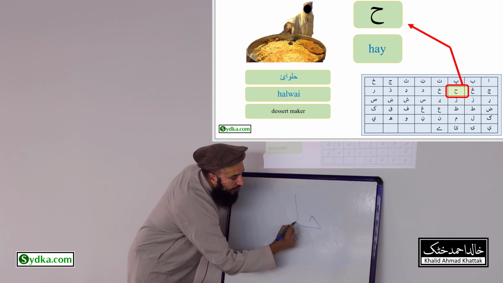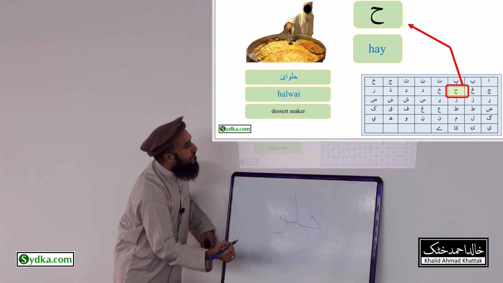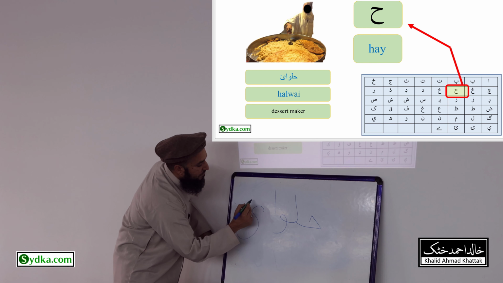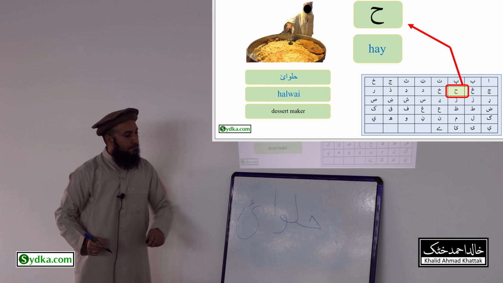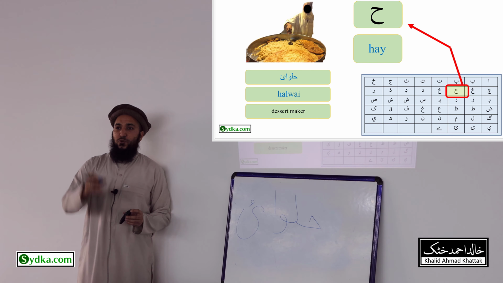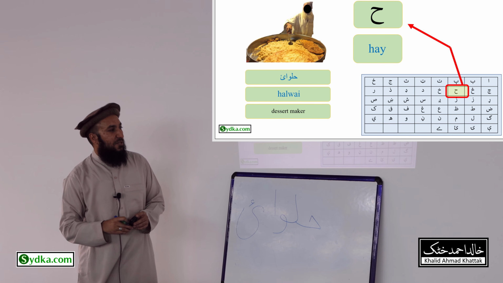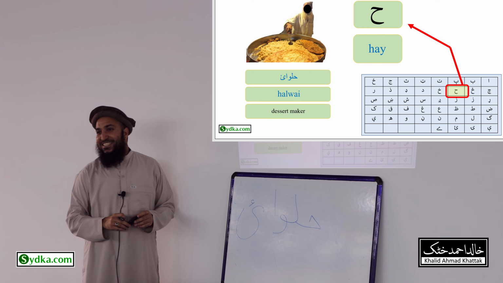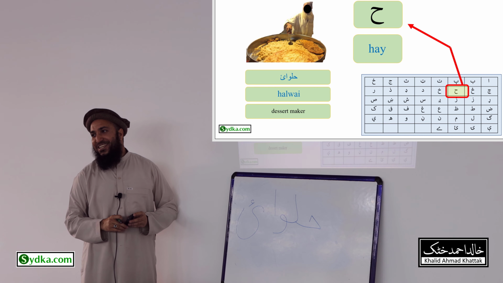He, lam, waw, alif, and we use the other type of ye. Okay? Halwai. What is halwai? Dessert maker, good. Next time I'm not going to put the meaning translation.